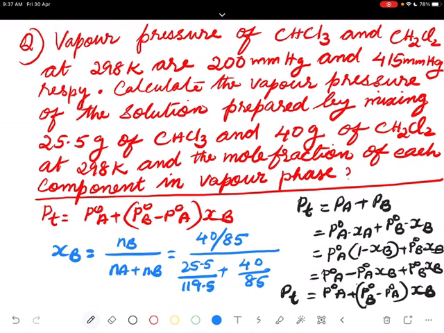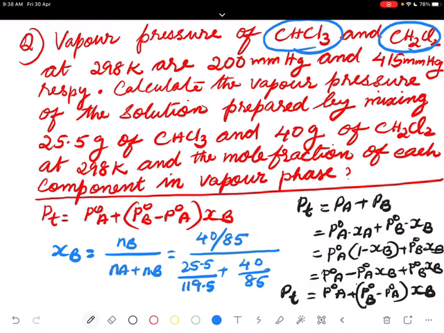What is CHCl3? CHCl3 is carbon, hydrogen, 3 chlorines, and in CH2Cl2 carbon, 2 hydrogens and 2 chlorines. So you can calculate the molecular mass, and given mass upon molar mass will give you the number of moles.